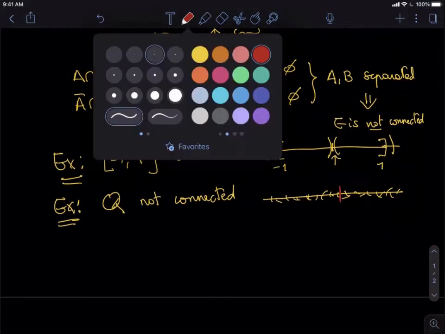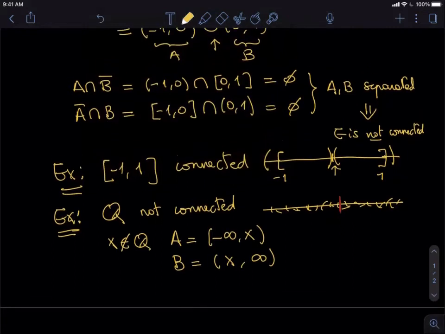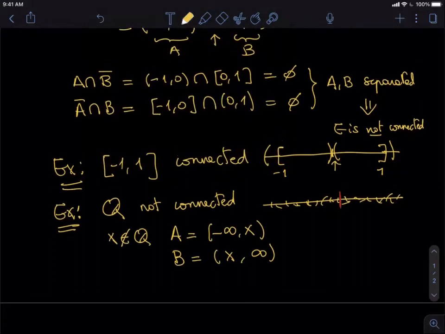Let's say that we have x that is an irrational number, and we take our two sets, negative infinity to x and x to infinity, open intervals. I can take the intersections of these sets with the rational numbers, and this is going to give me two separated sets. So this cannot be connected.